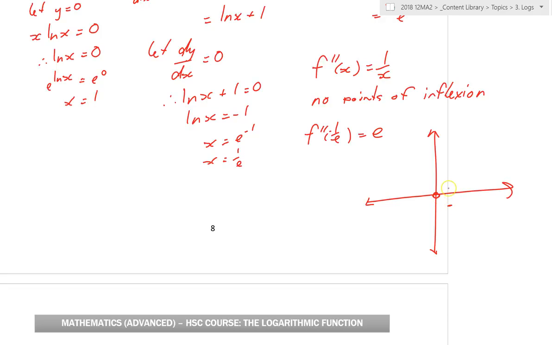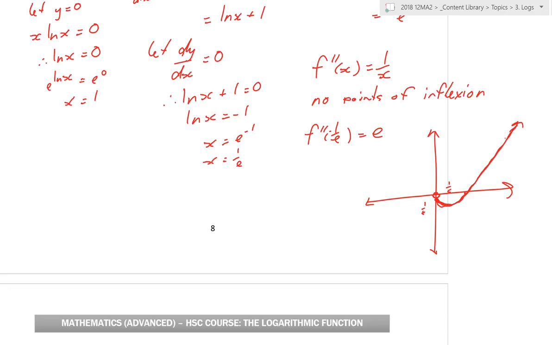But here at 1 over e, negative 1 over e, I've got this stationary point, and 1 over e is a little bit less than a half, and here at 1, I've got my intercept. So what happens is, it comes down here. Oh, that's got to be my minimum there. I didn't draw that terribly well. That's really got to be my minimum there, but it does get very steep there.